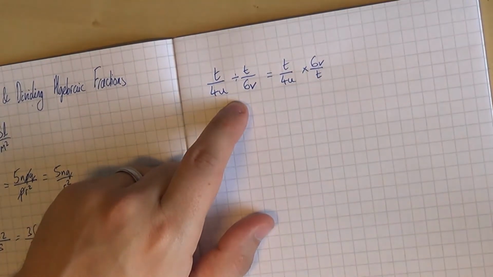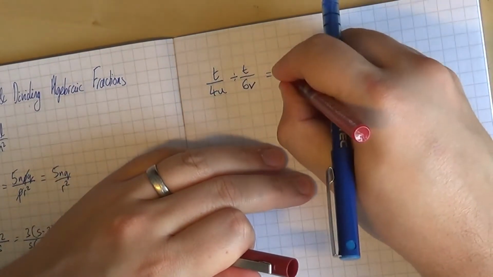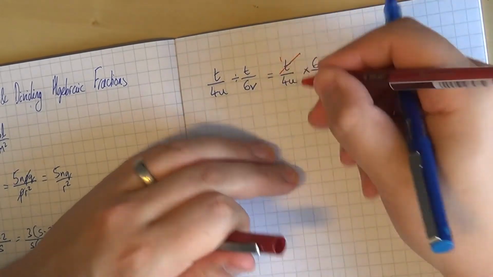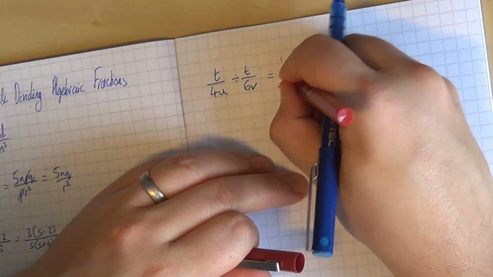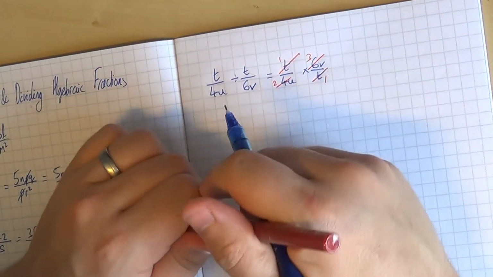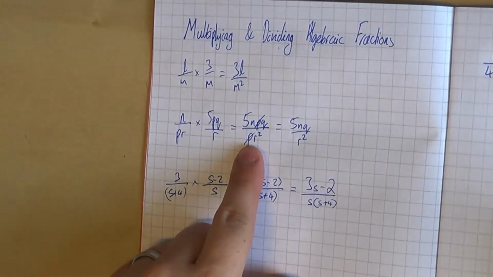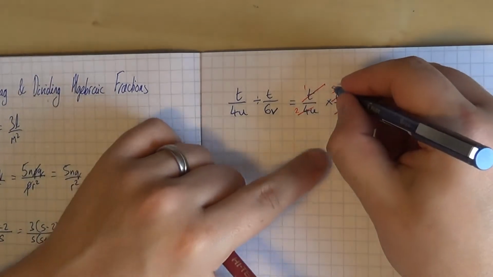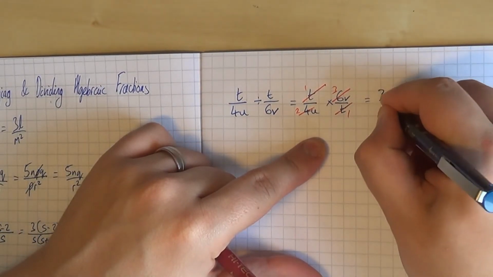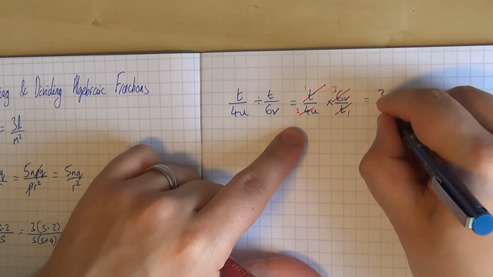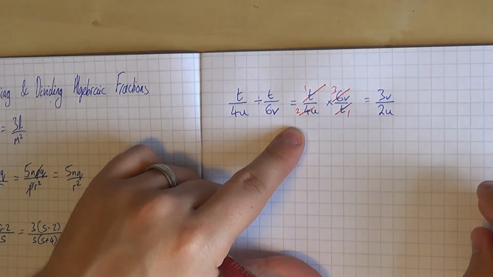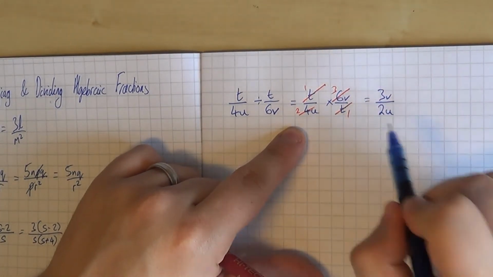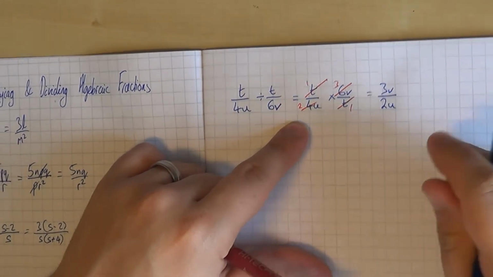I'm going to do this as I would normally and cancel first. So t over t is just 1 over 1 and 6 over 4 is 3 over 2. So unlike here where I cancelled later, here I'm cancelling early, but it's the same thing. So on top we're just going to have the 3v and underneath we're going to have 2u. You could cancel later, but you would always simplify down to get the same result.